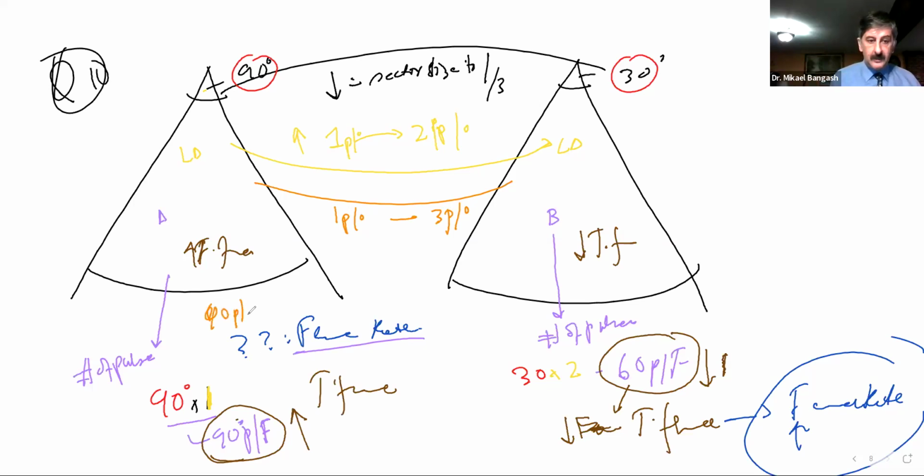We had 90 pulses per frame here. And it would have been the same over here, because 30 times 3, a 30-degree angle and 3 pulses per degree angle, would still have been 90 pulses. So in that instance, the T frame would have been the same, and the frame rate would have been the same.